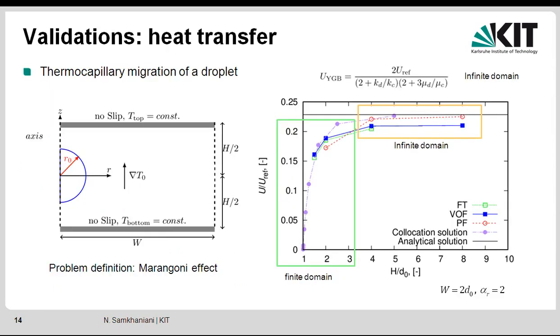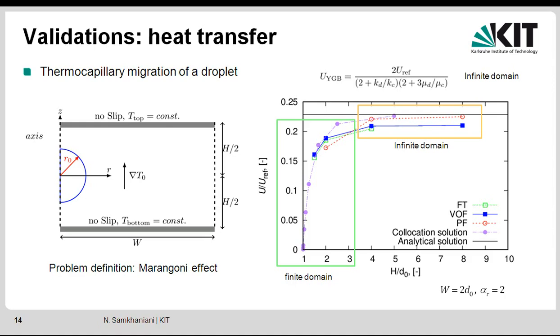Here we again validate this solver for the heat transfer as we implemented in this study. For the validation, we consider a drop motion in a stagnant liquid. The droplet motion is due to the temperature gradient and the Marangoni effect.